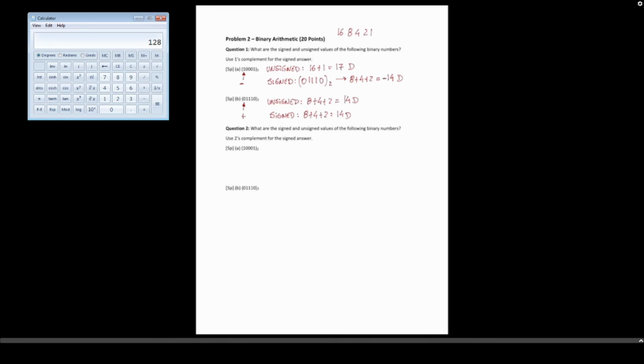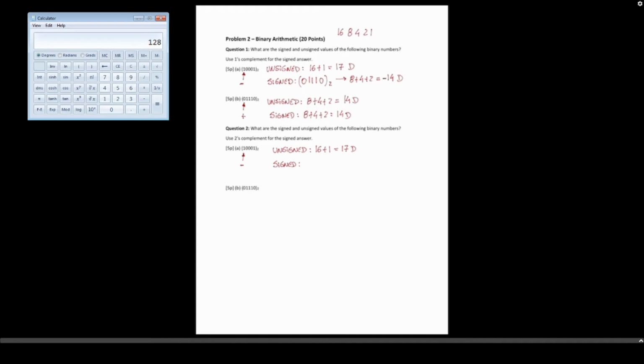So let's go over question number 2. It's exactly the same thing as question 1, but now we use the second complement to get the answer for signed numbers. For the first answer, if it's unsigned, you have exactly the same answer: 16 plus 1 gives you 17 in decimal. But for your signed number, the most significant bit is a 1, so this is a negative number.